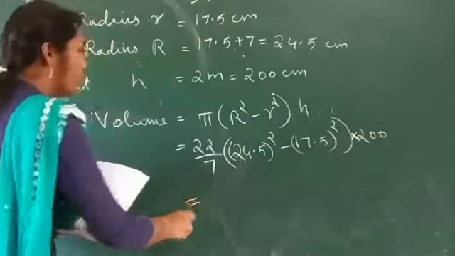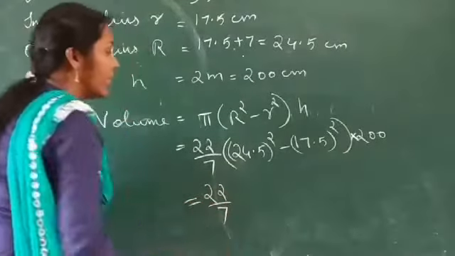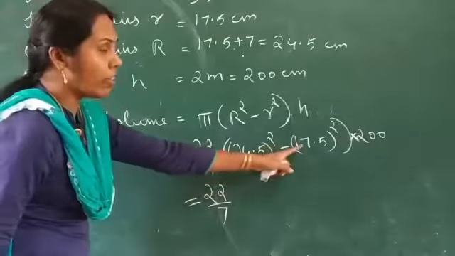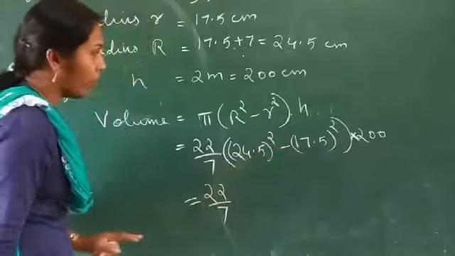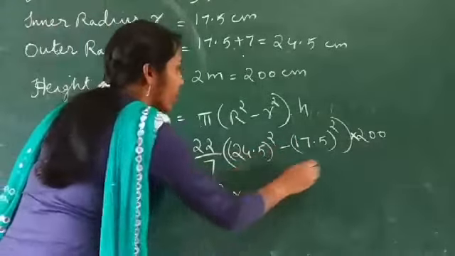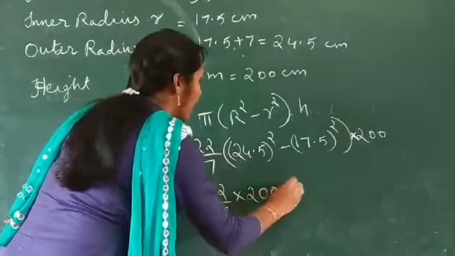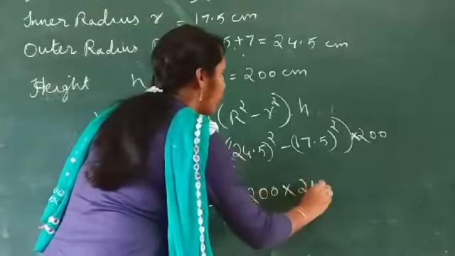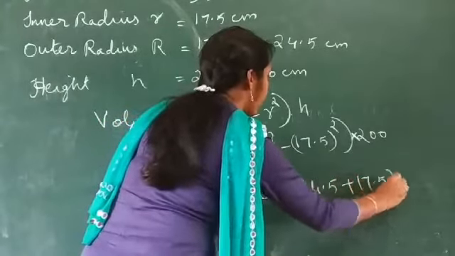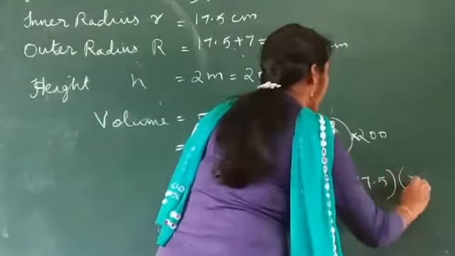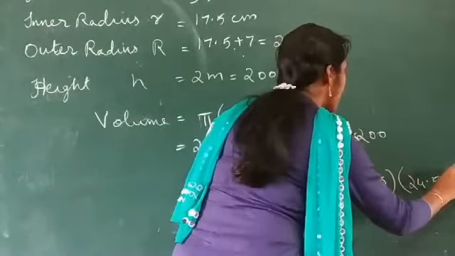That is equal to 22 by 7. See, this 24.5 square minus 17.5 square can be written in the form of a plus b into a minus b for convenience. So here I am writing 200 into a plus b, 24.5 plus 17.5 into 24.5 minus 17.5.